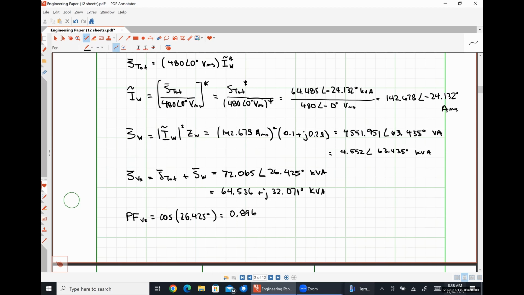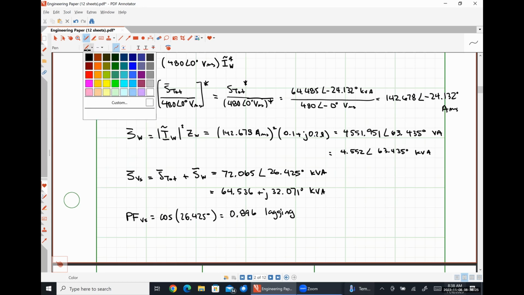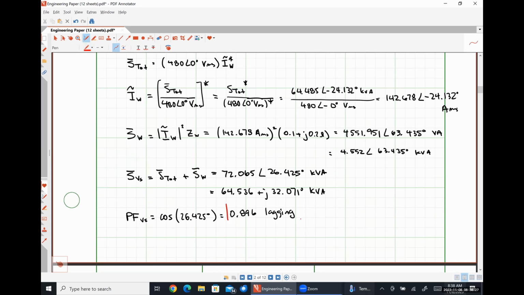Is this leading or lagging? Lagging, why? Exactly right. So there's the answer to the first question. I'm going to put a box around this because we're going to use it in a moment for something else once we talk about power factor correction. How am I going to find my voltage?